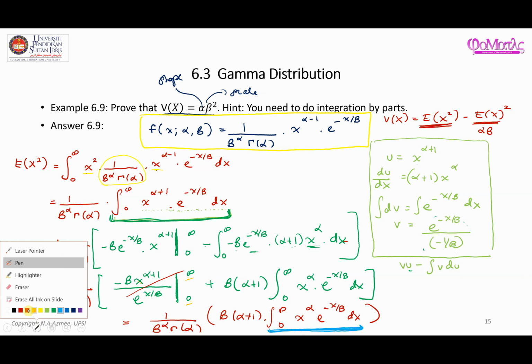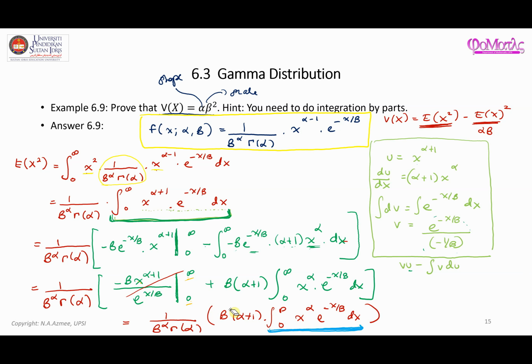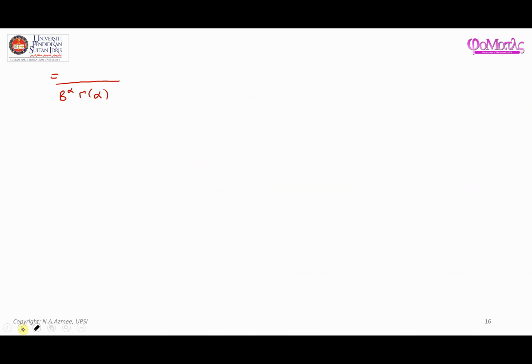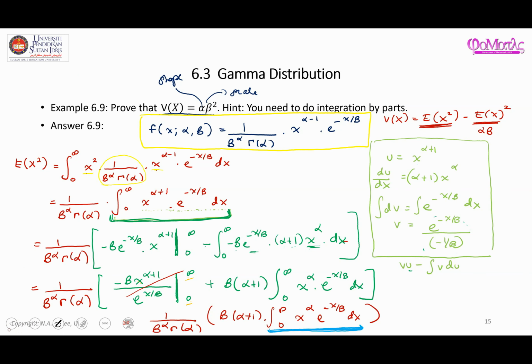So what happened is that here we have, hang on, this one is equal to 1 over beta^alpha gamma(alpha). Oh, hang on, I can write this one here on top of this guy. Okay, so here we have beta^(alpha+1) times 1 over beta^alpha gamma(alpha).